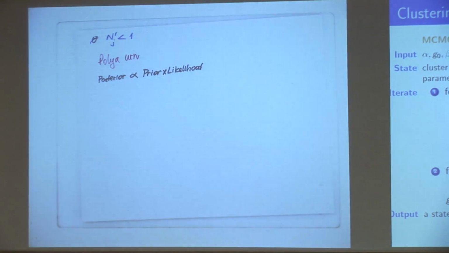That's a fundamental relation in statistics, behind all this. And again, likelihood is how the model predicts the data, and prior is this prior over functions, for instance. And this is one step of Markov chain Monte Carlo. It moves me from one state to the next state.